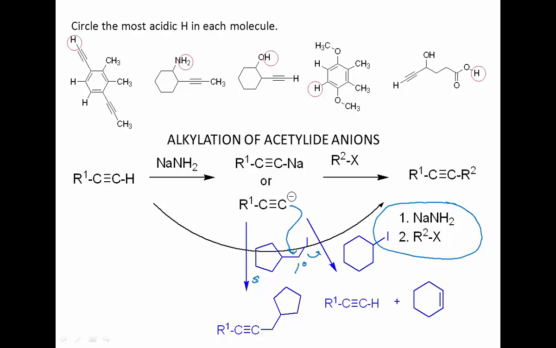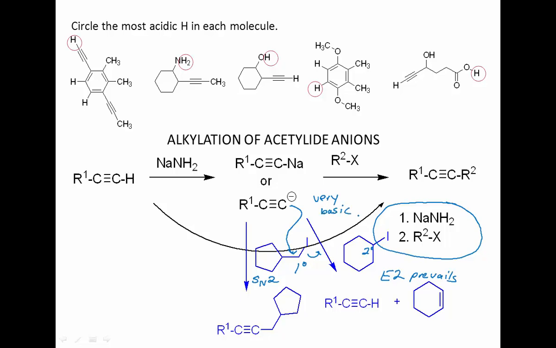What looks like I've written, there's an SN2 reaction, and that is in fact correct. And with a secondary iodide over here, E2 prevails due to the fact that this anion here is very basic.